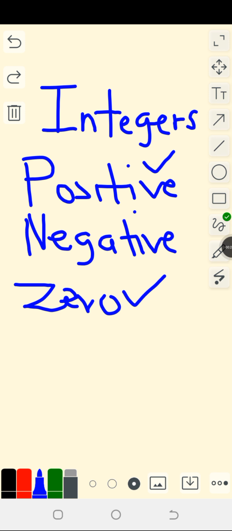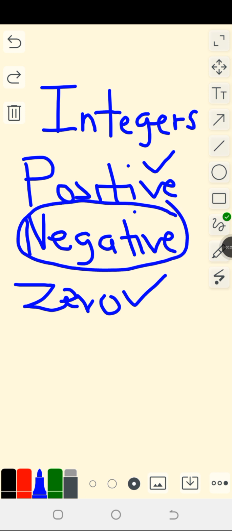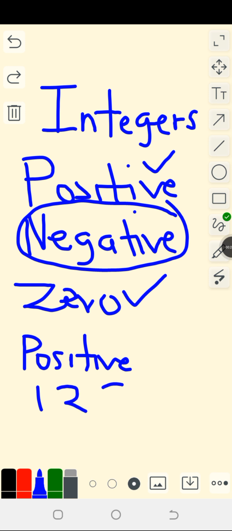So what you just have to add to it is negative numbers. That means negative natural numbers. So when you talk of positive natural numbers, you talk of numbers like 1, 2, 3, 4, 5, and so on and so forth.